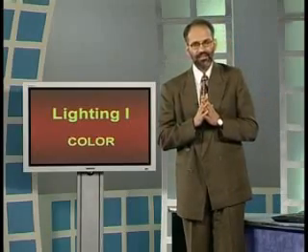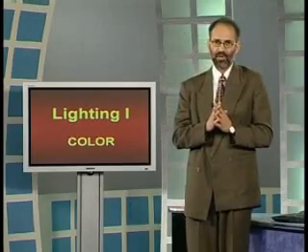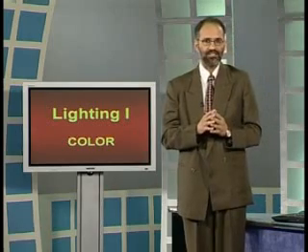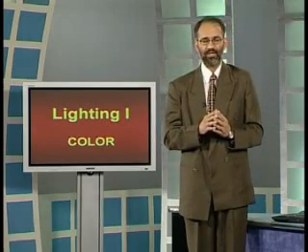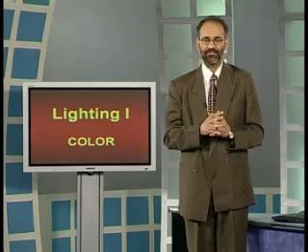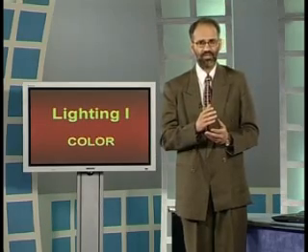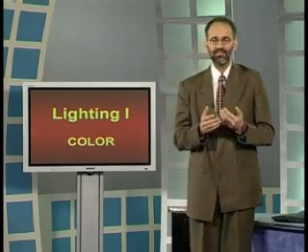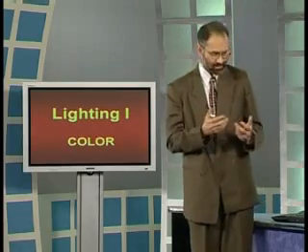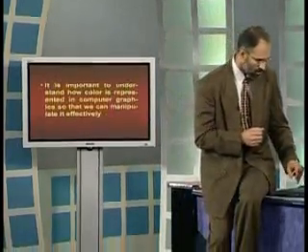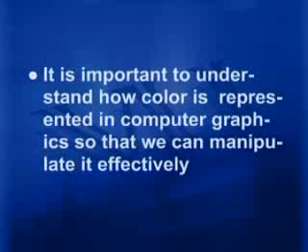So lighting is what we are going to talk about today, and this would start of course with the concept of color. We have had this concept of color before, but just to formally recap it, let's talk about what color is. It is important to understand how a color is represented in computer graphics so that we can manipulate it effectively.